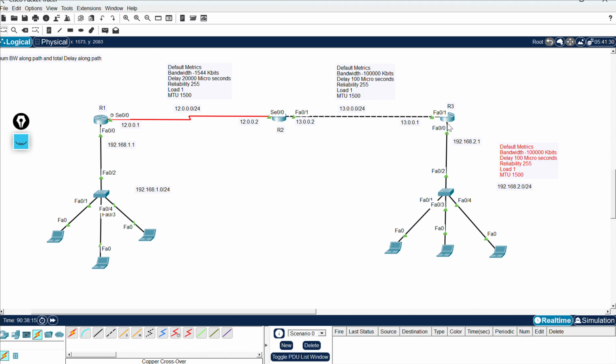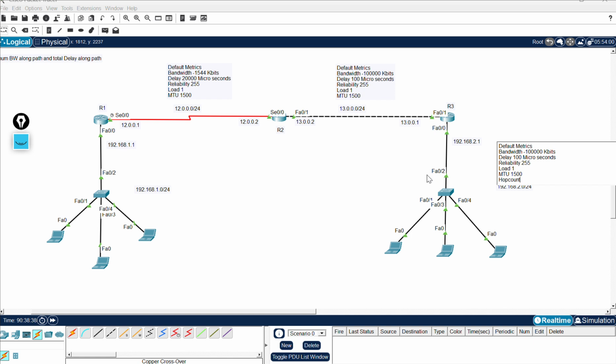So from R3 to reach this LAN, which is a directly connected LAN, these are the metrics. Bandwidth is 100 Mbps, delay is 100 microseconds, reliability is 255, load is 1, MTU is 1500, and hop count is also there. Hop count is 0.